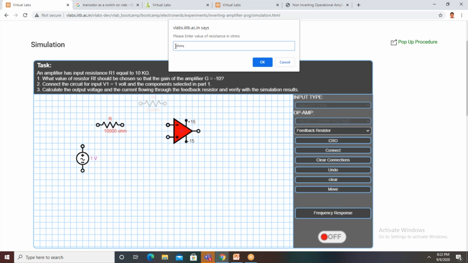And to make the connections, you click on connect. There is a small dot, a small blue circle. So to make the connections, you click here and here, end to end, sir. Sorry, it's a wrong connection. Undo. First make the connection between these two.